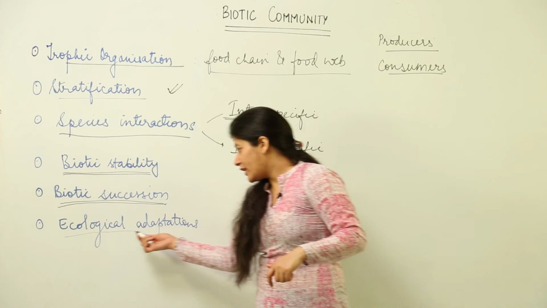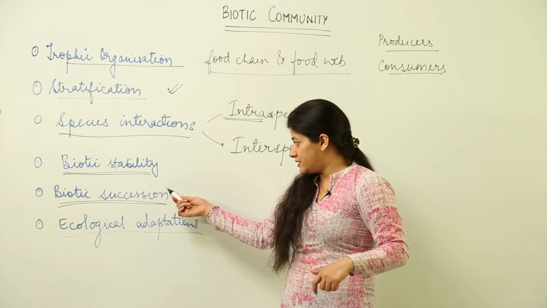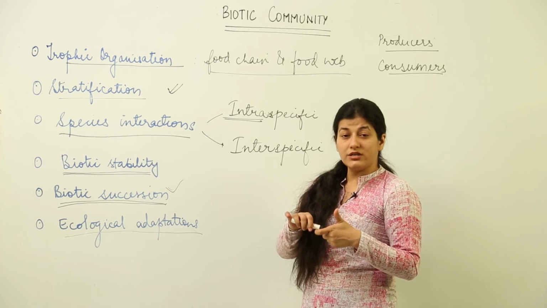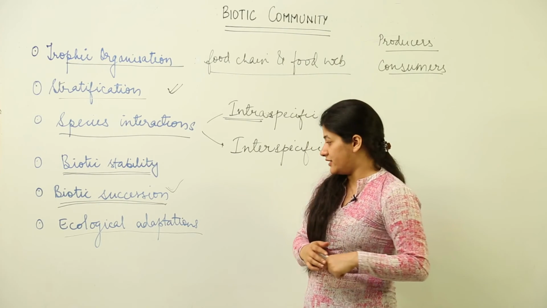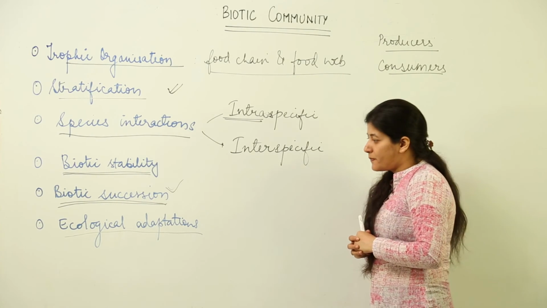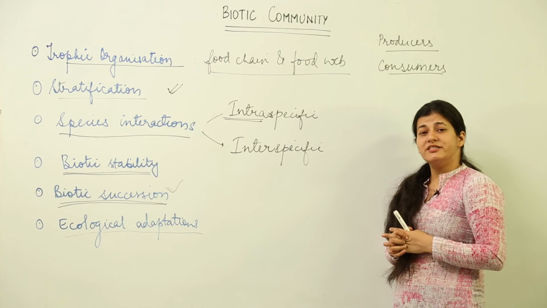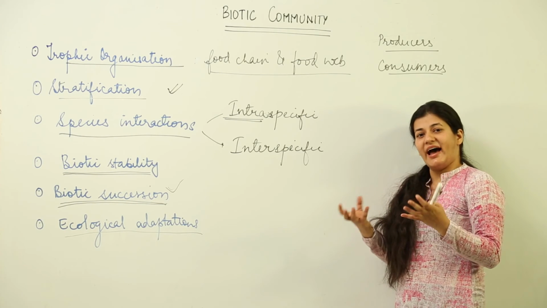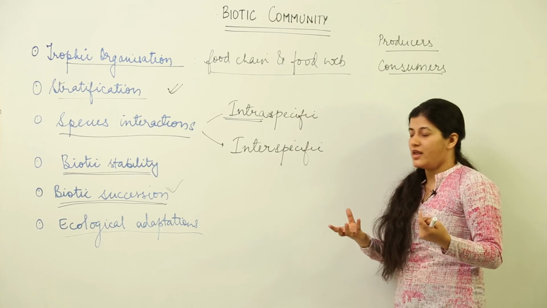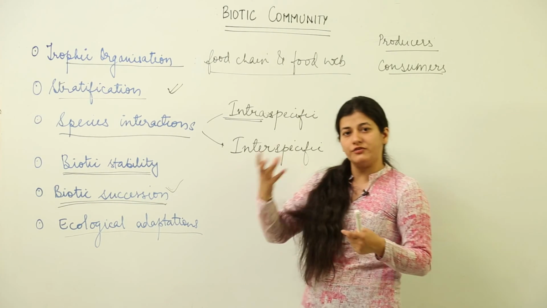And lastly, once we are talking about succession, we see how biotic communities are replaced. Apart from that, at the organismic level, at the individual organism level, or rather, genetically, it is at the species level that species adapt themselves according to the environment for their survival, and those adaptations are often at the genetic level.